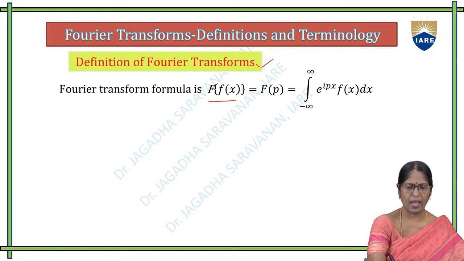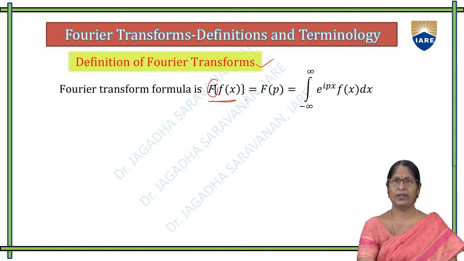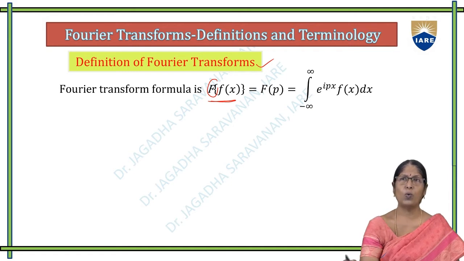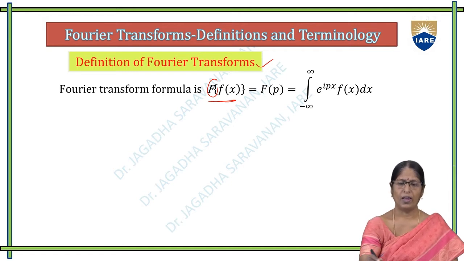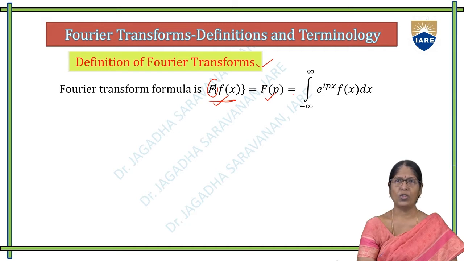The capital F, how can we read this? That is the Fourier transform of function f of x, which is equal to capital F of p. This notation or this notation, both are equal.